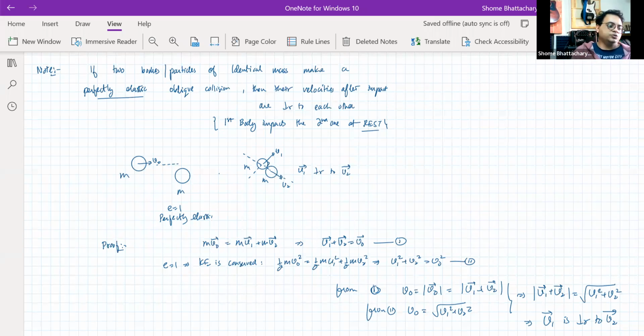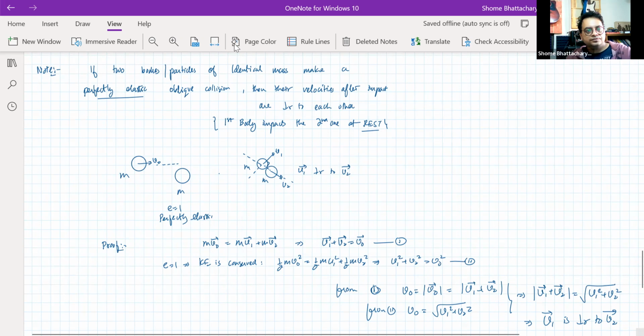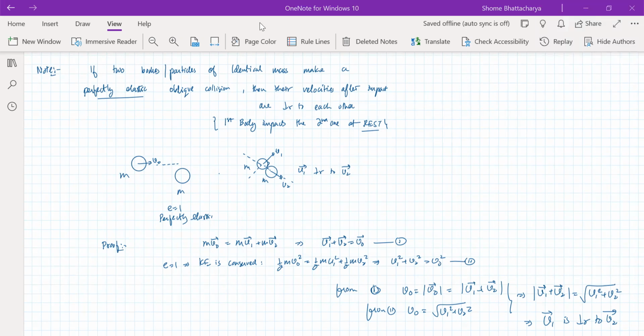This is one way of proving the theorem. We will see another way of proving this also in a bit of time, when we discuss a little bit more about coefficient of restitution application. So just make a note of this theorem first.